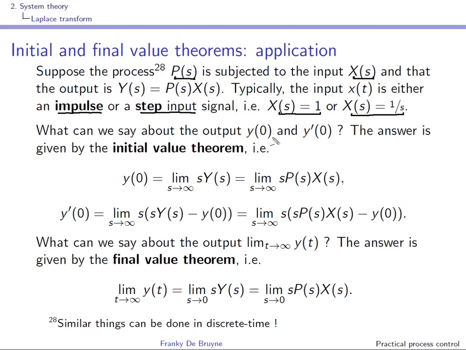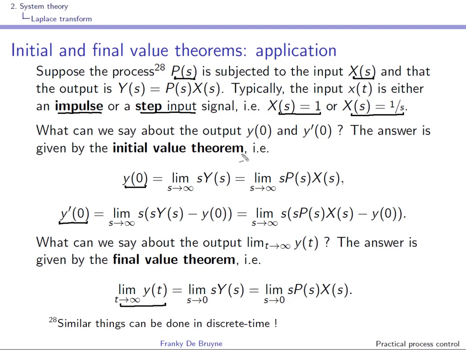We are interested in what happens at the origin, so we would like to have y at the origin, but we're also interested in the slope. Okay, so the derivative of y evaluated at t equal to 0. We're also interested in the steady state response, right?